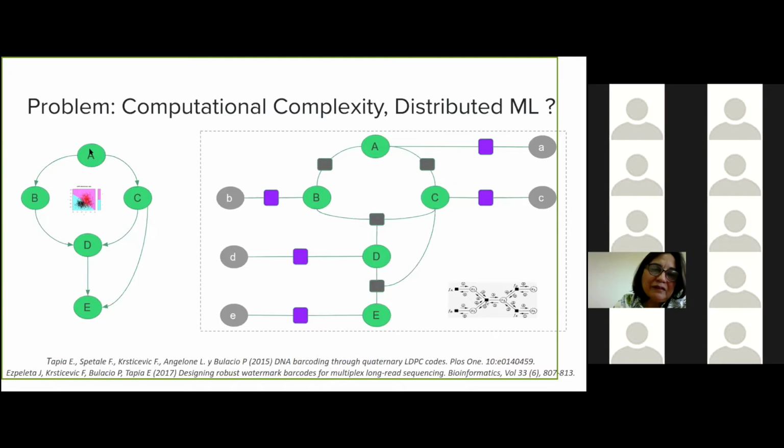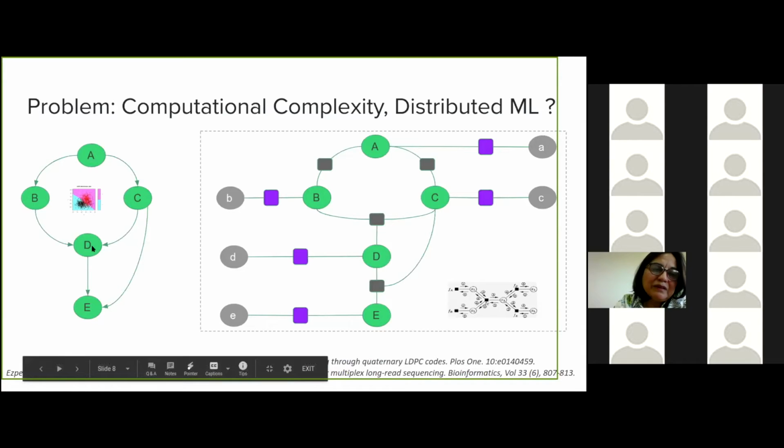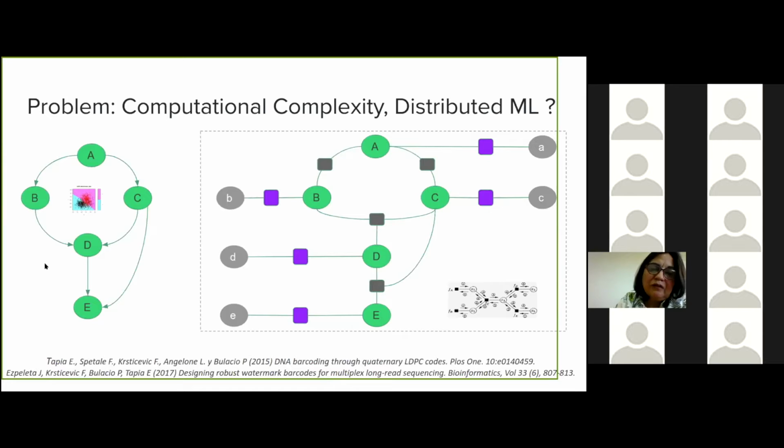In this case, instead of inferring the complete problem, we try to infer individual nodes. And we will infer individual nodes using standard support vector machines, for example, but you can use other tools, that doesn't matter.